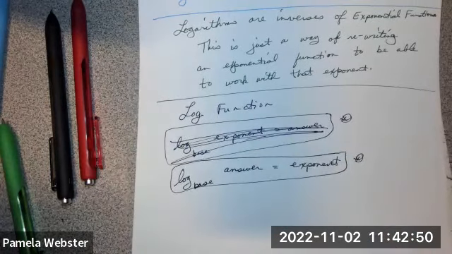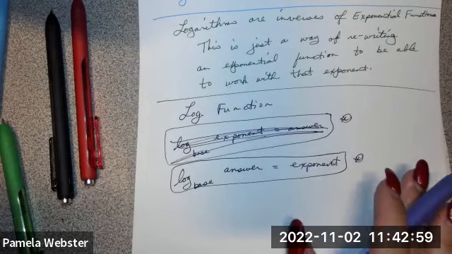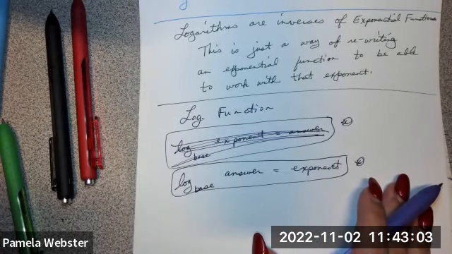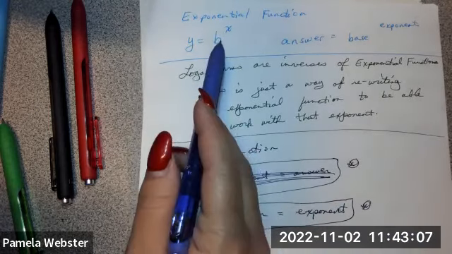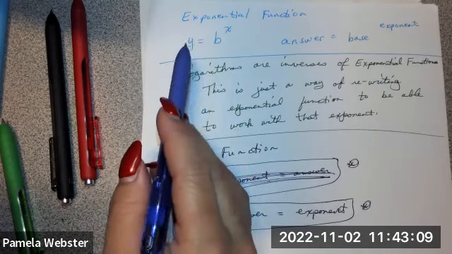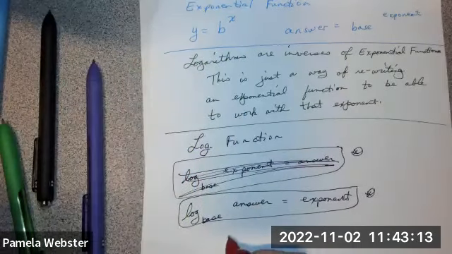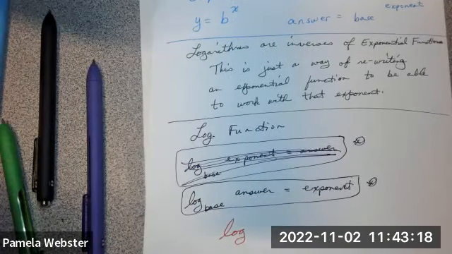So the idea here is that we're going to get the exponent all by itself, on the other side of the equal sign. Log base answer equals exponent. All right, so back up here, remember that we had the base, the exponent and the answer. This translates to the log, and it's literally the word log, which stands for logarithm.